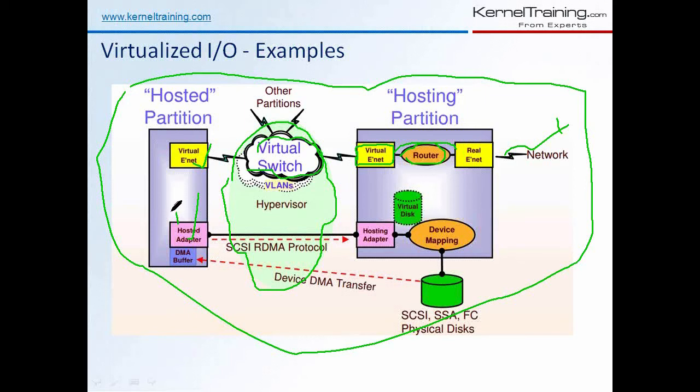That disk, or that file, or that LV, will appear as a disk in my client partition. How is it happening? Through the SCSI RDMA protocol, the remote direct memory access transfer, SCSI reverse DMA protocol.